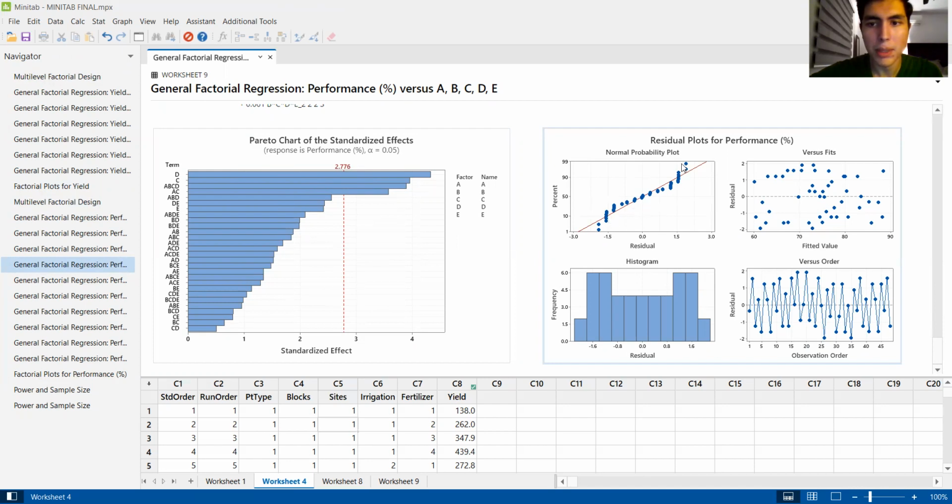Unfortunately, the normal probability plot is still kind of S-shaped, and versus fit is still showing some patterns. So what I did next is take out the C and D factor interaction.